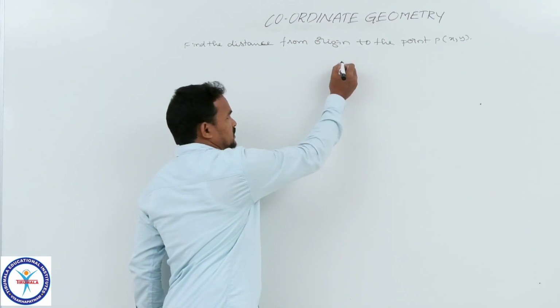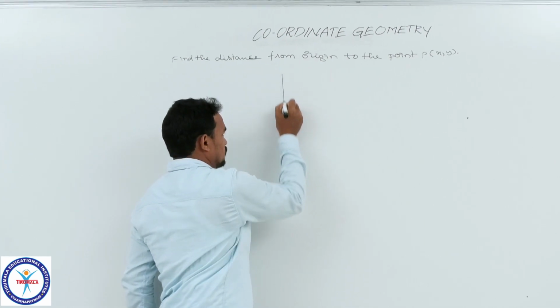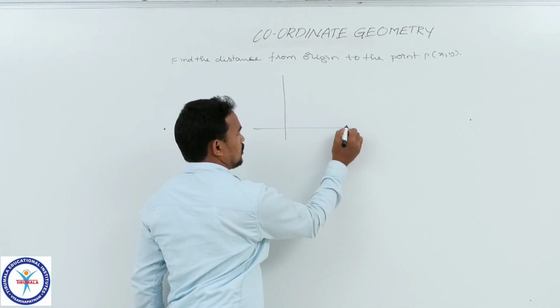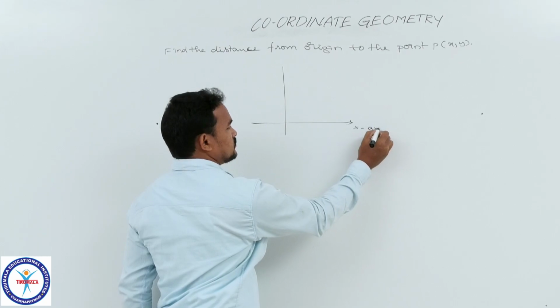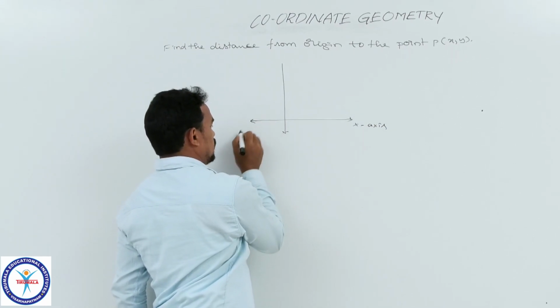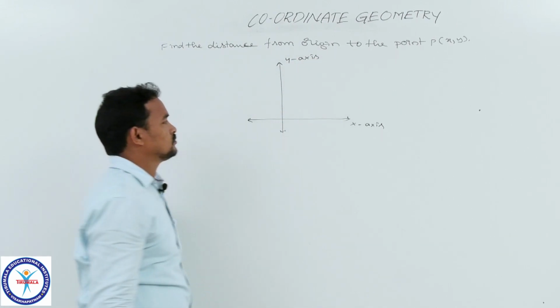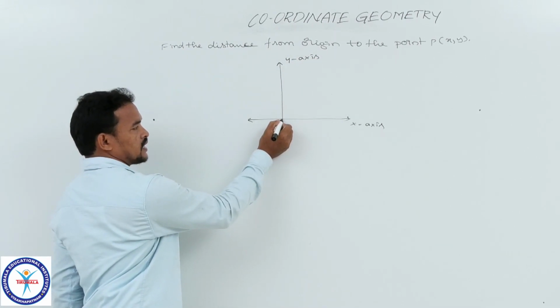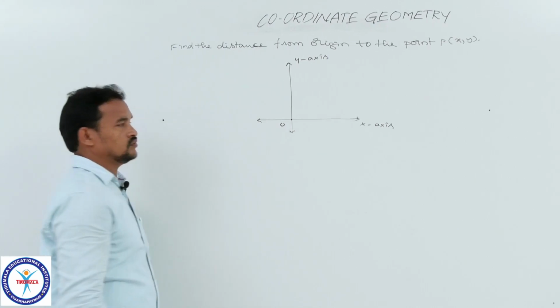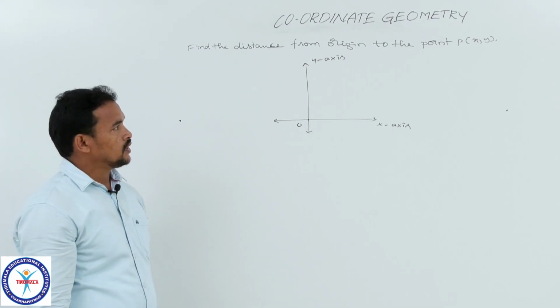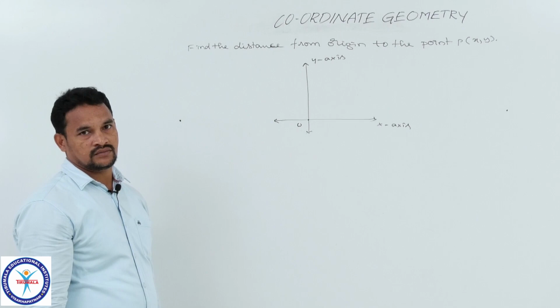Here you will first take the x-axis and y-axis. It is x-axis. It is y-axis. The point of intersection of x-axis and y-axis is origin, denoted by O. The point P, you can take any coordinate.